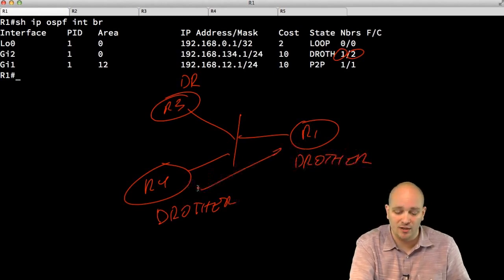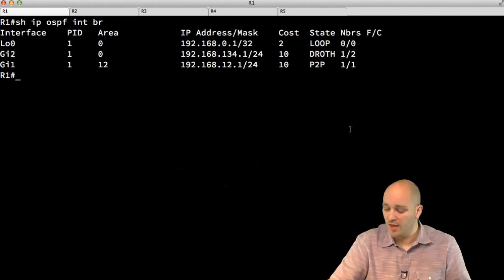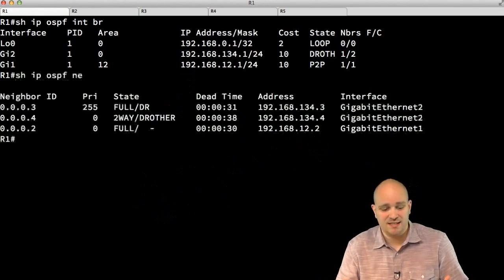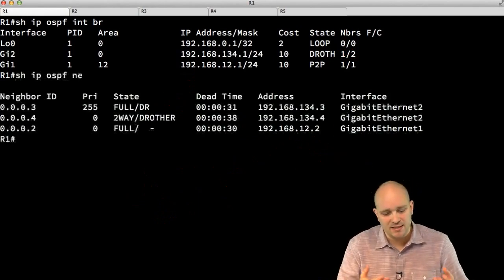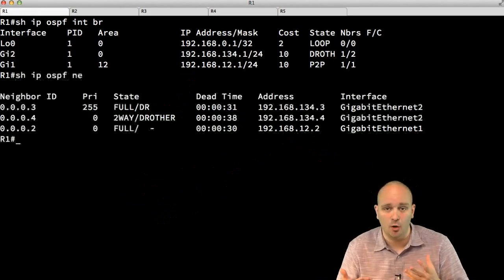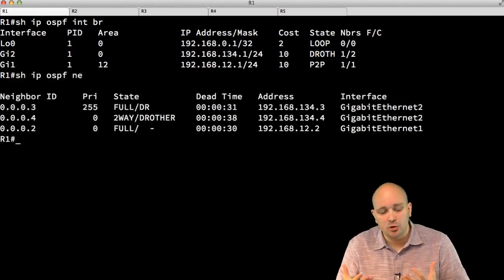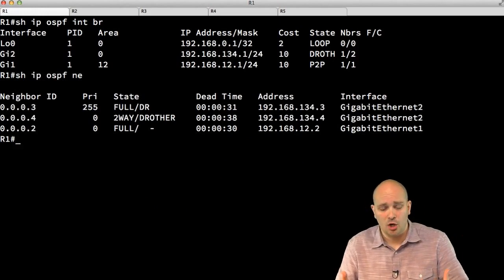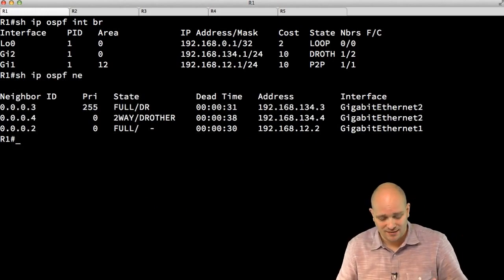They are going to have a two-way relationship, but we are going to be adjacent only with R3. So if I take a look at show ip ospf neighbors, this is exactly what I'm expecting to see. I can see that I'm fully adjacent with the DR, which is R3, and I'm in a two-way relationship with R4. This is something that we have already gone through earlier, but now I'm just confirming that this is indeed the case.